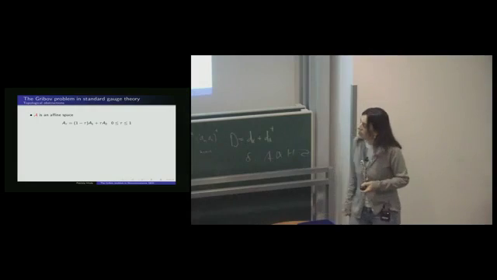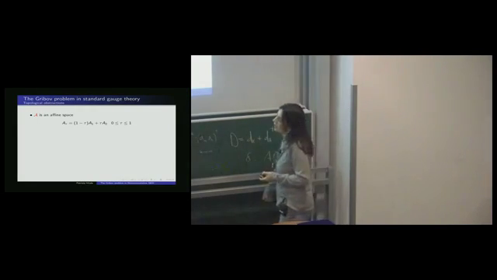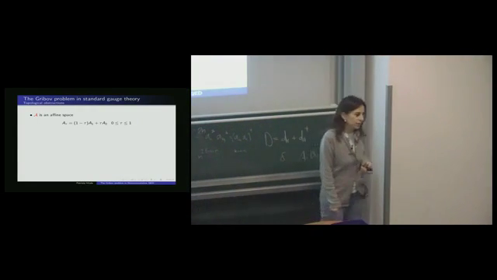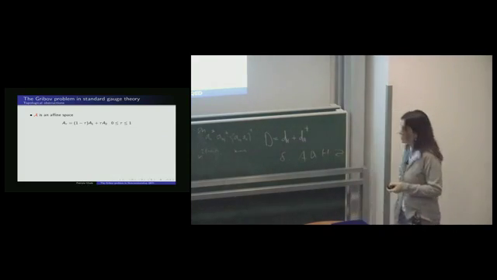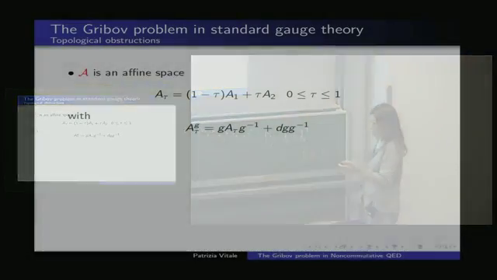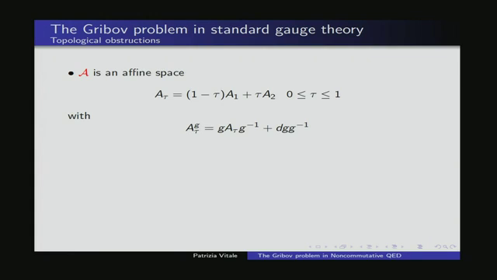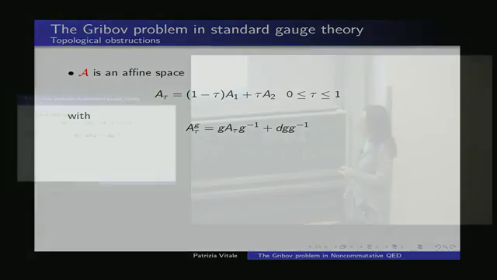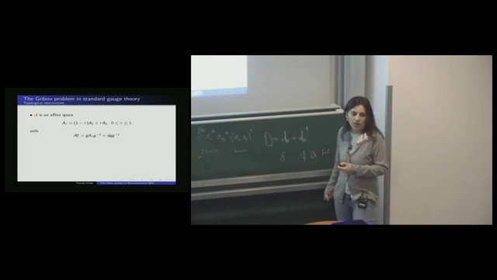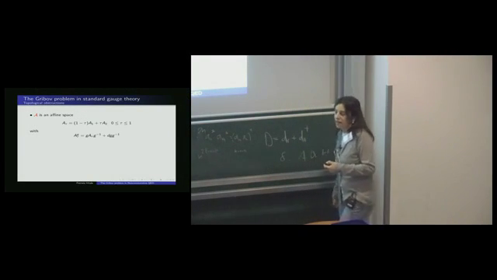So the space A of all connections is a topologically trivial space because it is an affine space, as I can see from here. For given two gauge connections, I can connect them with a straight line.